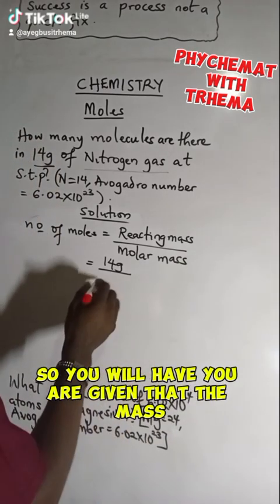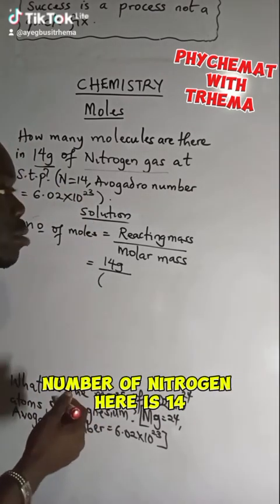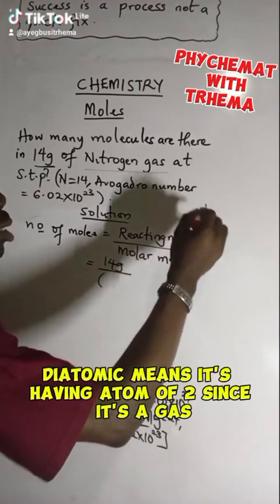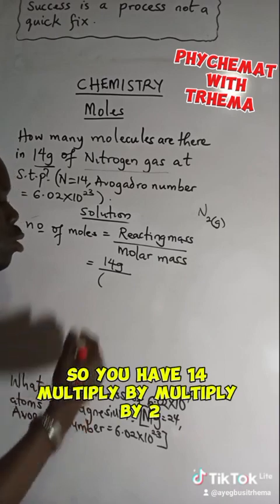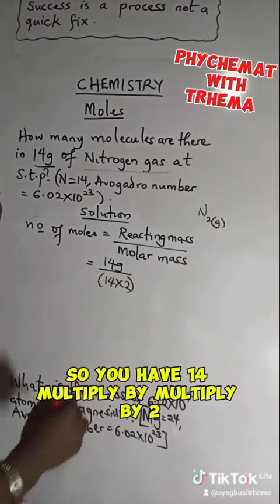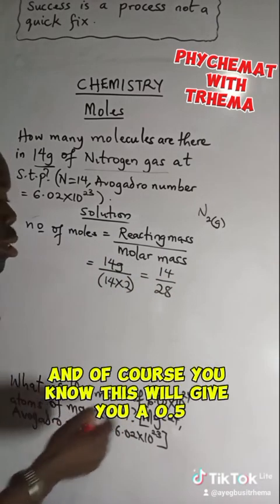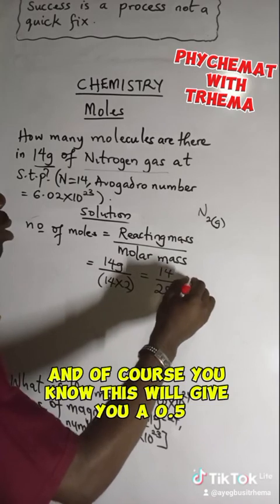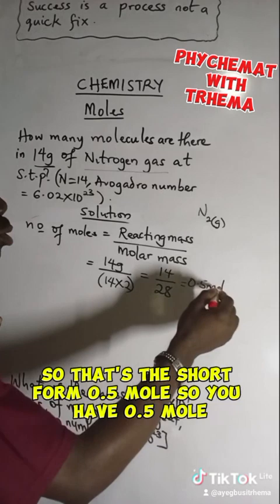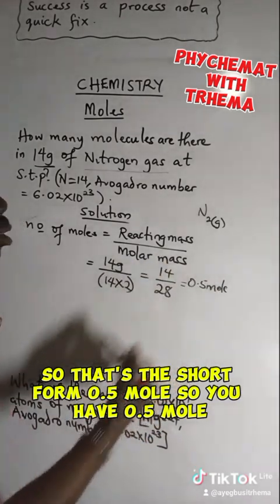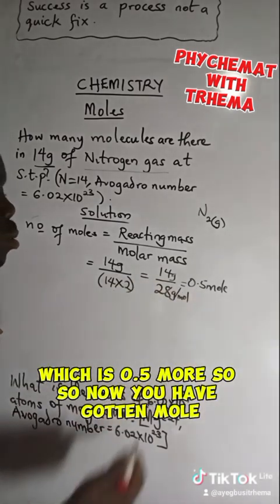The mass number of nitrogen here is 14, so you have 14 multiplied by 2, which is 28. So 14 divided by 28 gives you 0.5 mole.